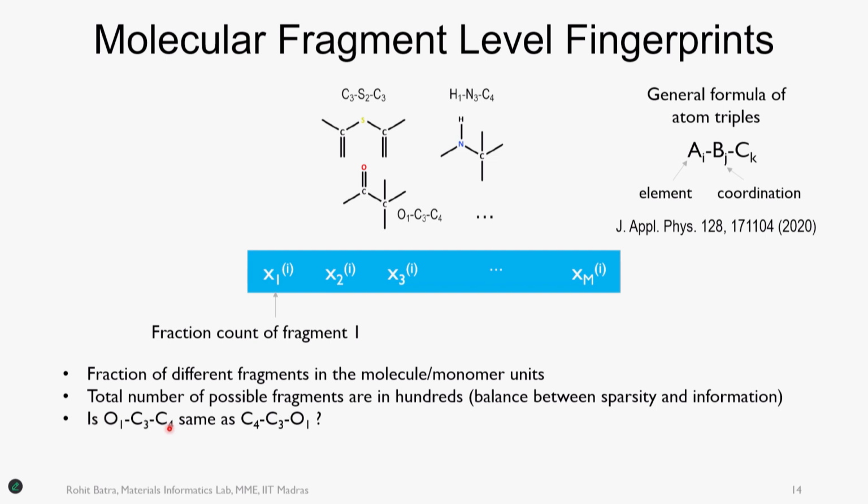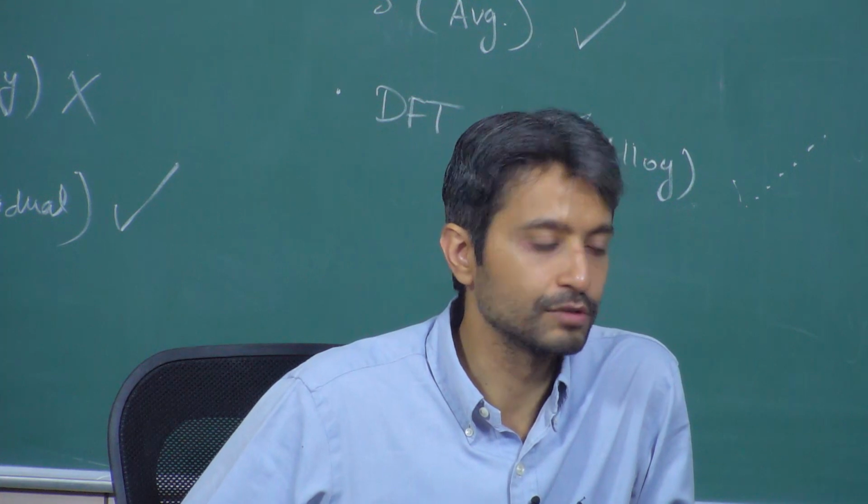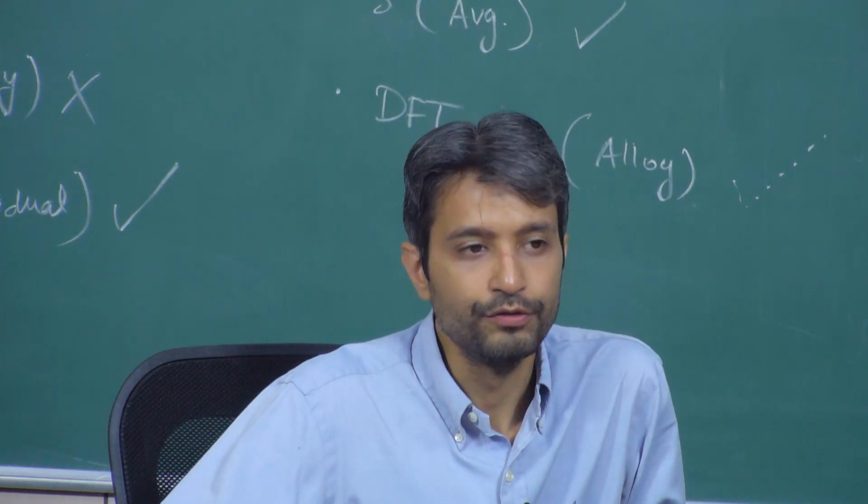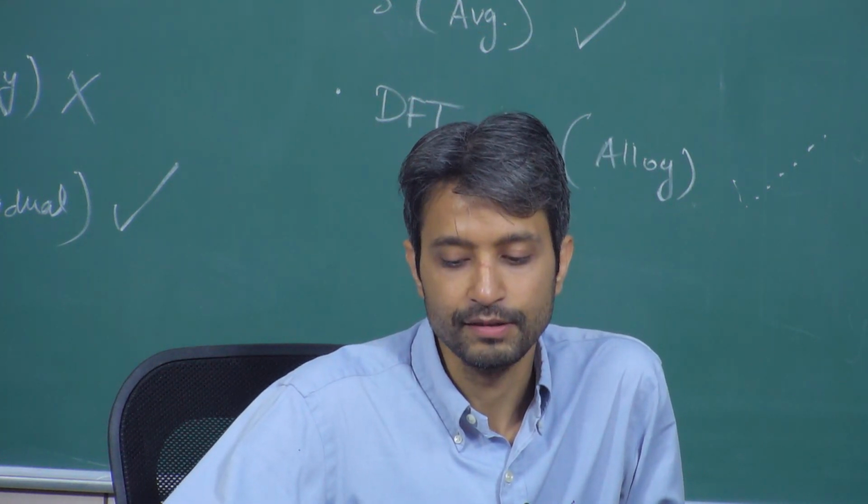So let me ask you this: say I have one fragment like this, the other one like this. Are they different or are they same? Same. So whenever making features, I need to make sure that I'm not double counting. They are actually the same because I'm just counting yes or no. Now that's where another issue comes.